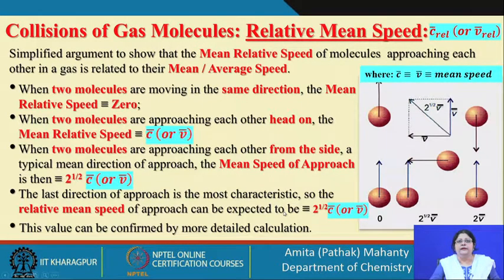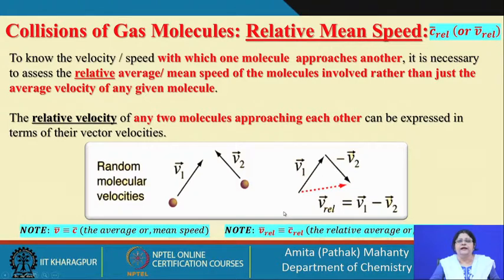This calculation can be taken up in a little more detail if you understand what a vector parameter is. To understand the velocity and speed with which molecules approach one another, it is necessary to assess the relative average mean speed of the molecules involved rather than just the average velocities, because they are randomly moving in any particular direction.